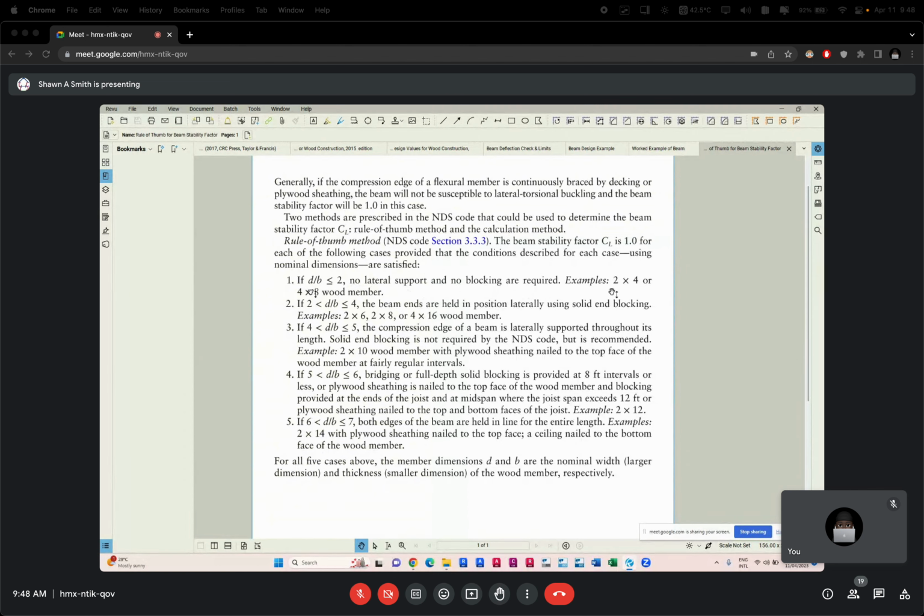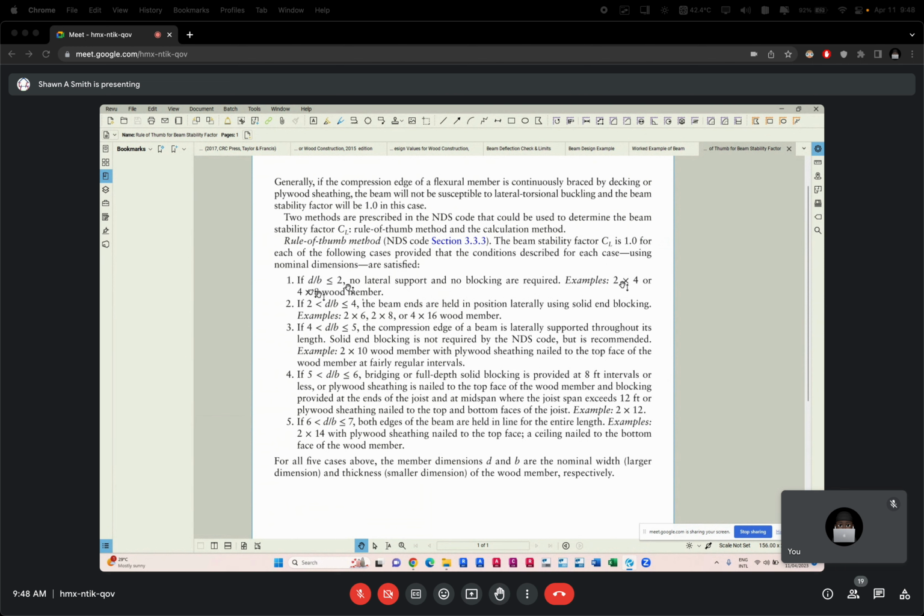Examples: a 2 by 4 or a 4 by 8 wood member. D in this case is 4, B is 2. If you divide 4 by 2, you get 2. It complies with that. Similarly, D in this case is 8, B is 4. If you divide D by B, which is 8 by 4, you get 2.